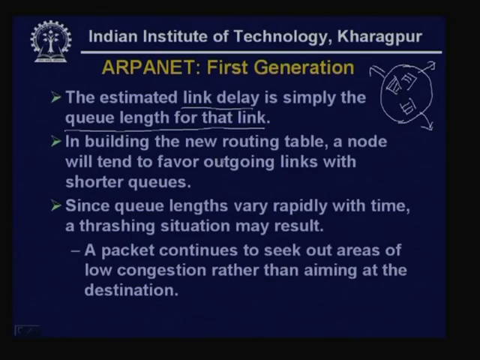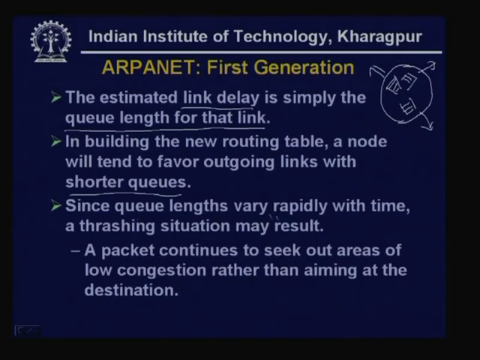So, in building the new routing table, a node will tend to favor outgoing links with shorter queues. On the link where the queue length is short, whenever the new routing table is made, a node will tend to favor the outgoing links with shorter queues.